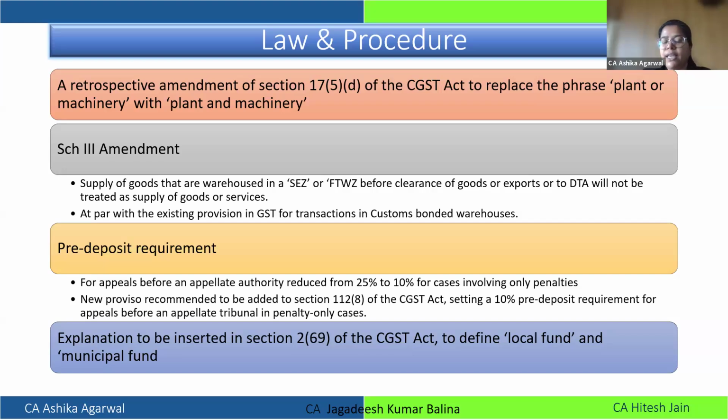So if anybody has availed any ITC in relation to construction service, verify the same in the facts of the case, because even though they are doing a retrospective amendment, we don't know, maybe the Supreme Court may say that for the past period they will not, but for the prospective amendment, ITC should be disallowed. If that would have happened, then you need to be careful that you don't avail the ITC.